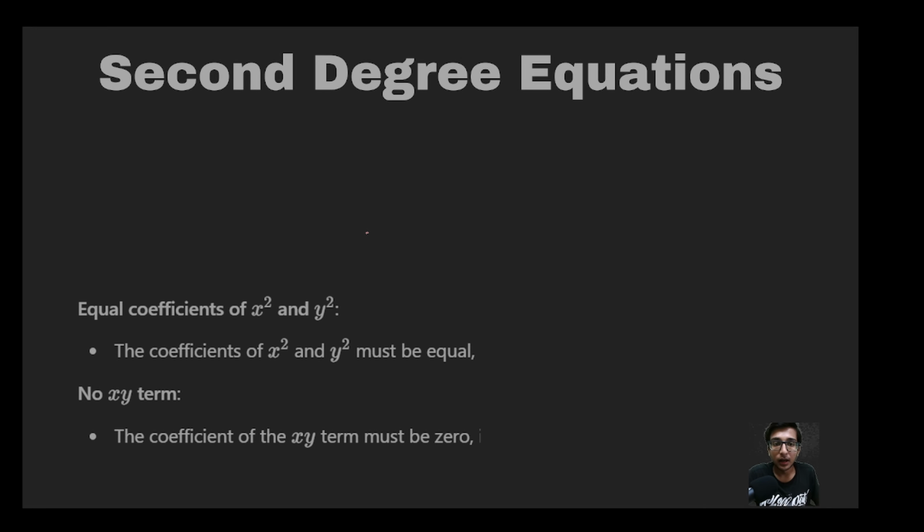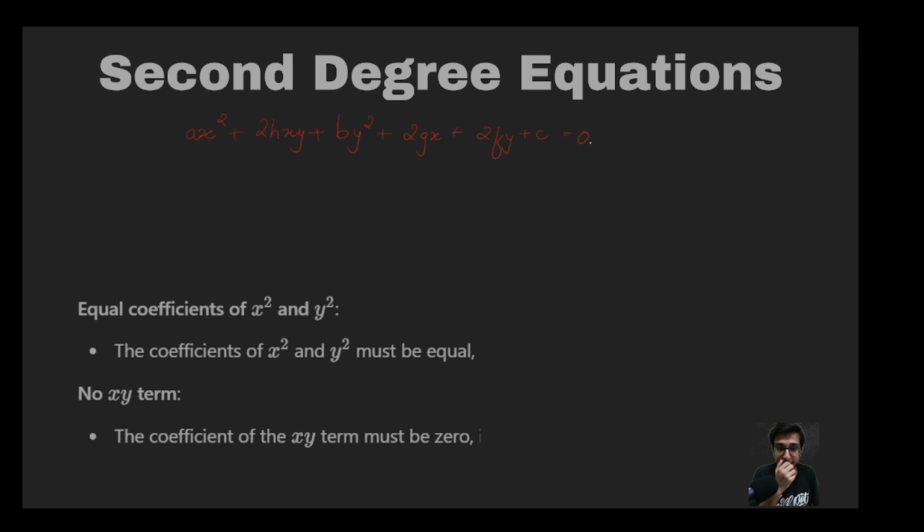Now let us look at other ways of how we can represent the same equation of the circle. I hope you all remember the general standard second degree equation that we had studied in straight line, and it used to be ax square plus 2hxy plus by square plus 2gx plus 2fy plus c is equal to 0.